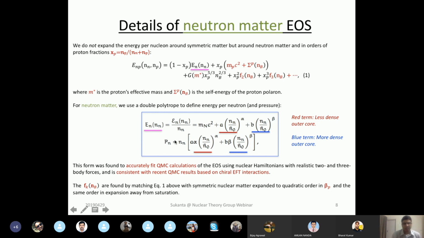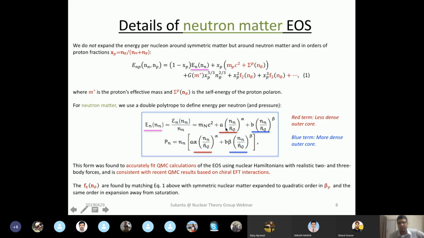You can ignore this intermediate term. Basically, E is the energy density, but you divide it by the neutron number density to get the energy per neutron, in terms of the neutron number densities. So to leading order, you have the corrections from the neutron mass, but then you add these double polytropes.